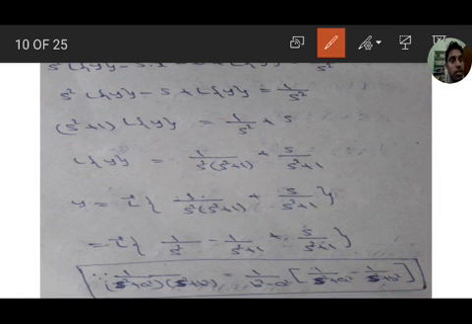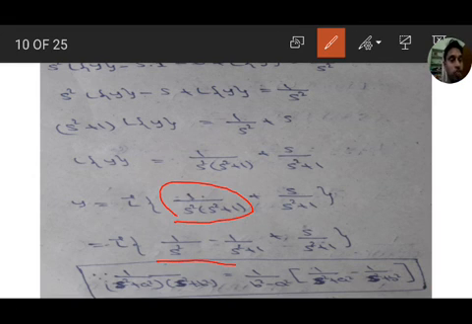This means 1 by s square into s square plus 1 can be written as 1 by s square minus 1 by s square plus 1, and s by s square plus 1 is as it is.